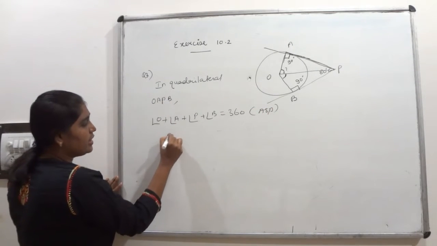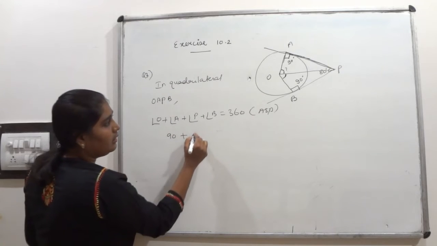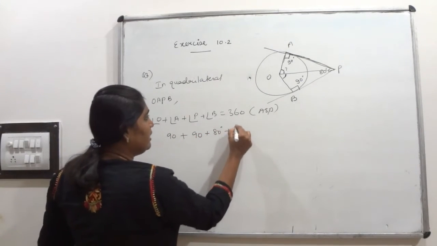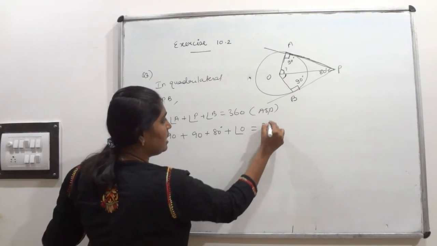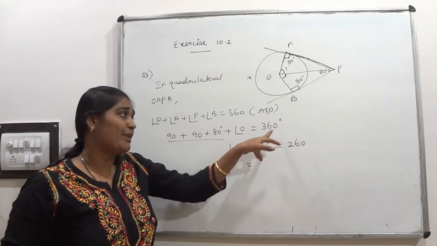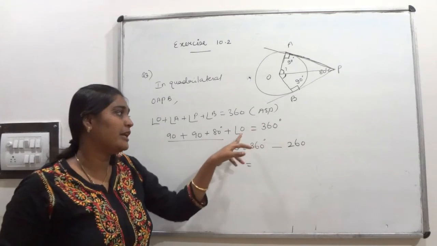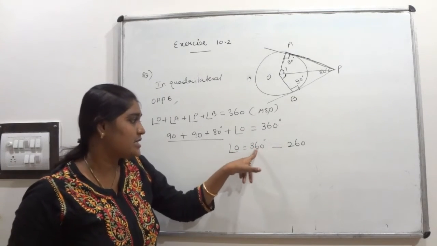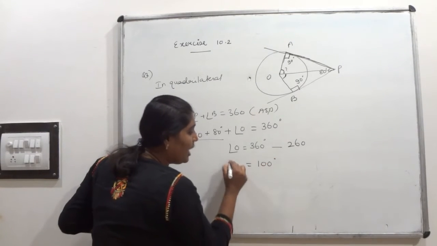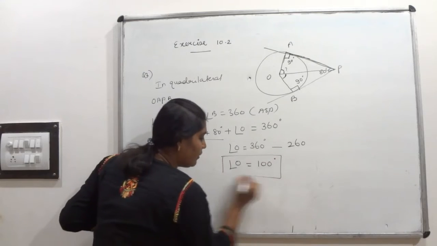Angle A is 90 degrees, angle B is 90 degrees, angle P is 80 degrees, then the remaining one is angle O. Add all these values and subtract from 360 degrees, and you will get the angle O value. 360 minus 260, you will get 100. The whole angle O value is 100.